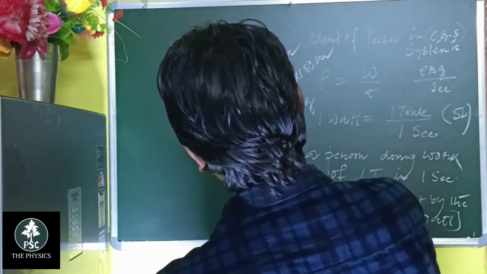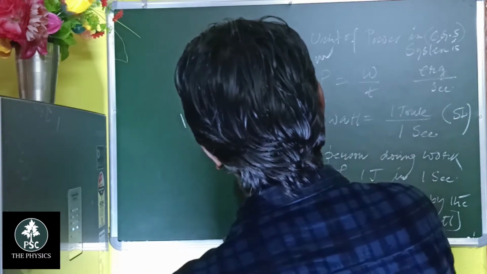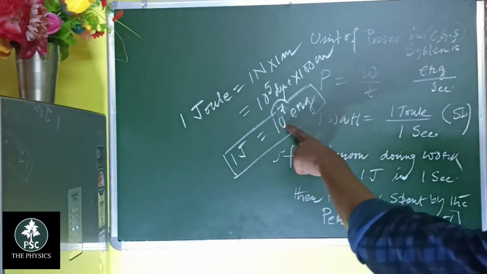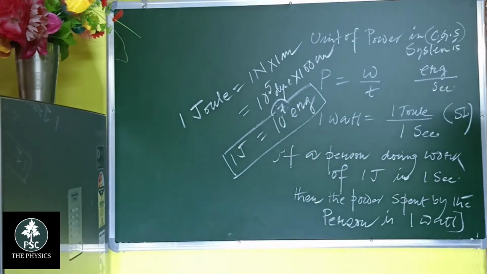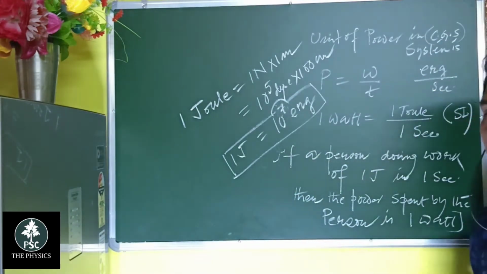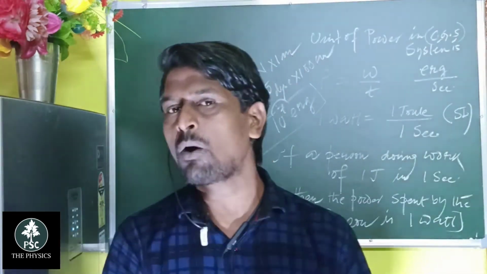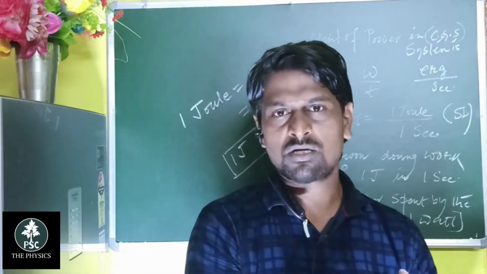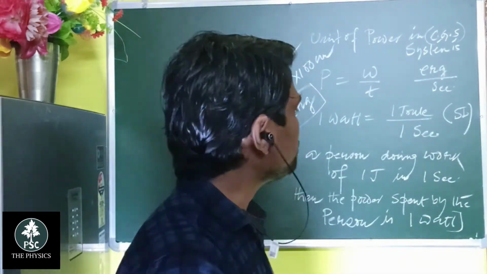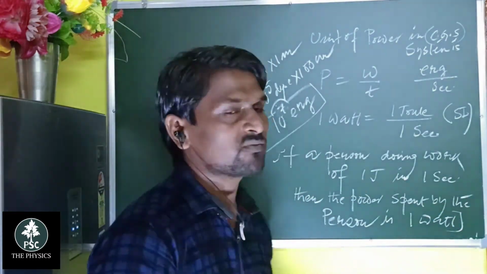So 1 joule equals 10 to the power of 7 erg. That's why, if you want to convert the unit of power from SI to CGS unit, then you have to multiply by 10 to the power of 7.